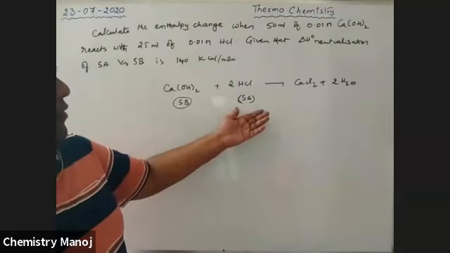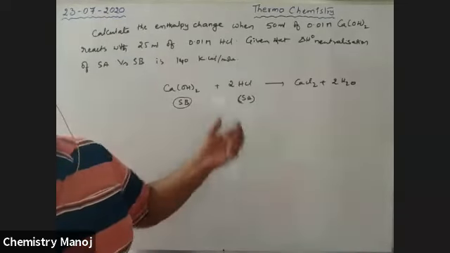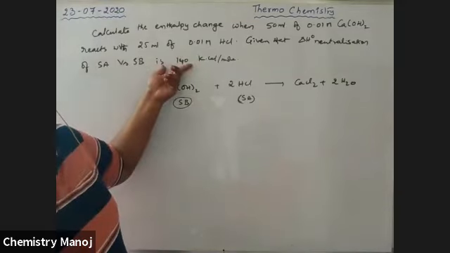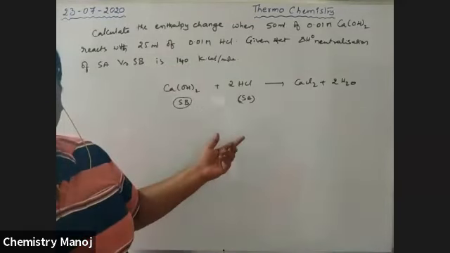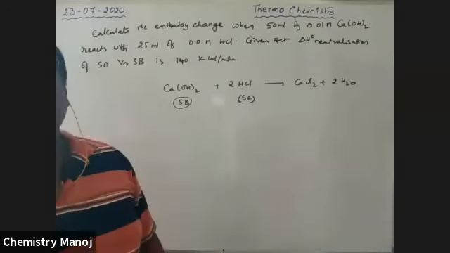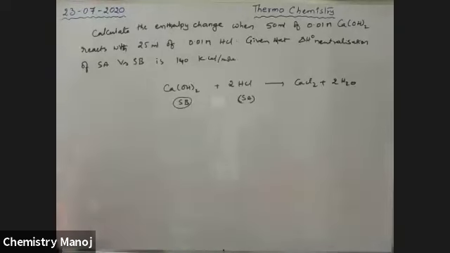Now calculate how many gram equivalents of acid and base are involved in the reaction. By comparing these, we should calculate the total amount of heat energy released during the process. Please calculate it.